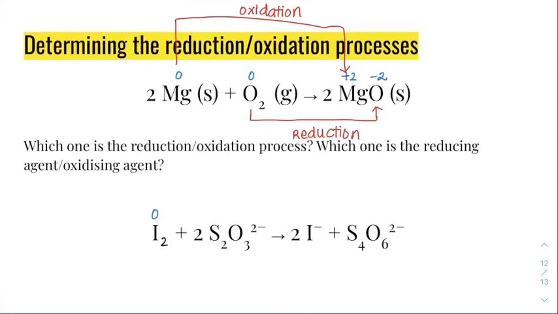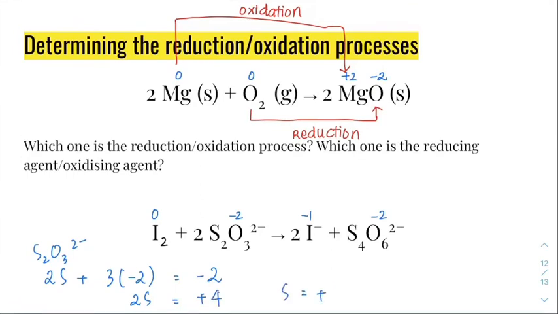I2 is 0, I minus is -1, oxygen is -2, oxygen is -2. So for S2O3 2 minus, 2 sulfur plus 3 times -2 should be -2. 2S should be equal to +4. Therefore S is +2.